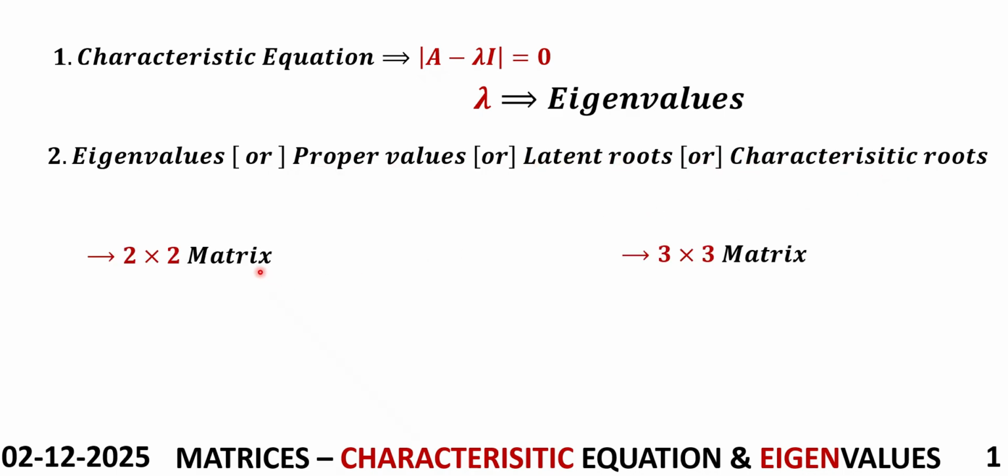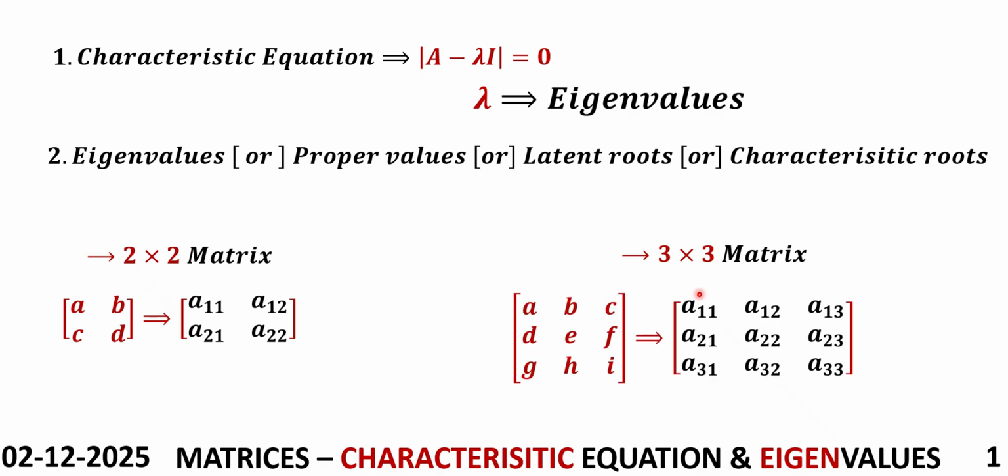Let us see what a 2 by 2 matrix and a 3 by 3 matrix are. A 2 by 2 matrix is one which consists of 2 rows and 2 columns. We will represent it by A11, A12, A21 and A22, or, in a more convenient way, by A, B, C and D. Similarly, a 3 by 3 matrix consists of 3 rows and 3 columns.